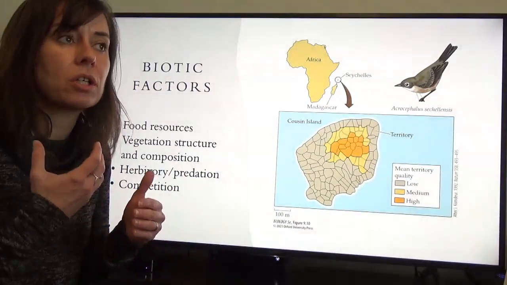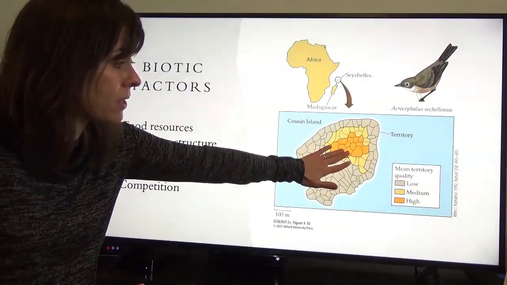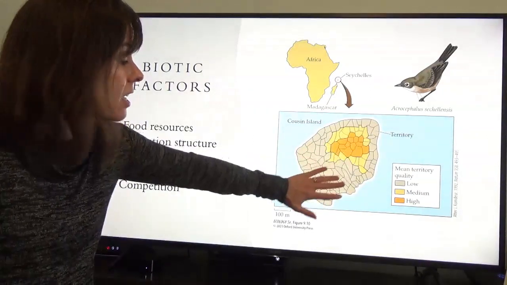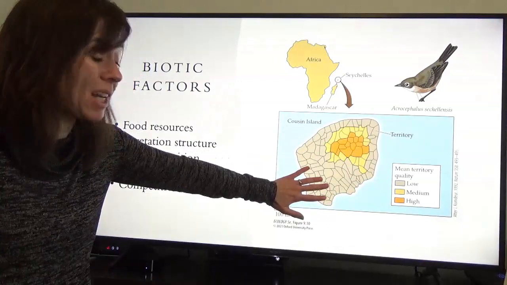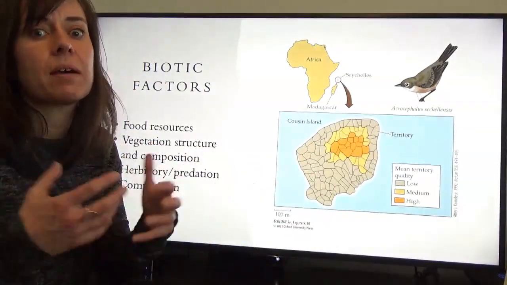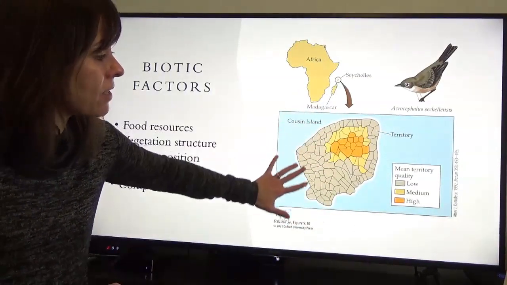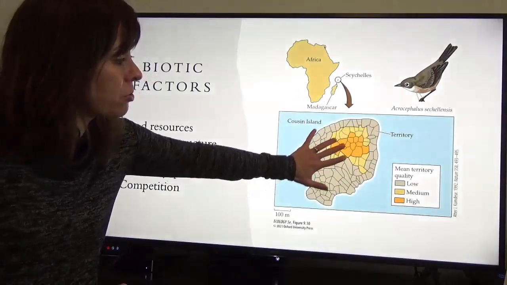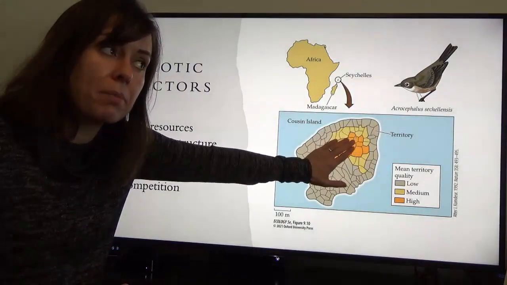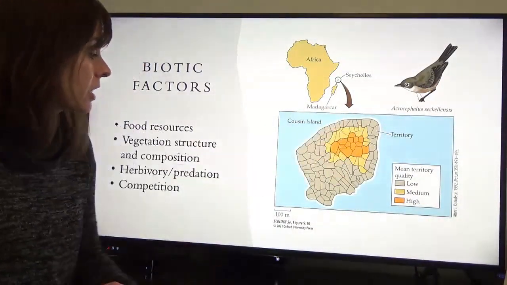And so the survivorship of the nestlings is higher in these areas with higher habitat quality compared to these areas with lower habitat quality, where there's not sufficient food resources to support that kind of family unit, if you will. And so we have this difference in territory quality that drives strong differences and clustering in the population abundance within this species on this island.